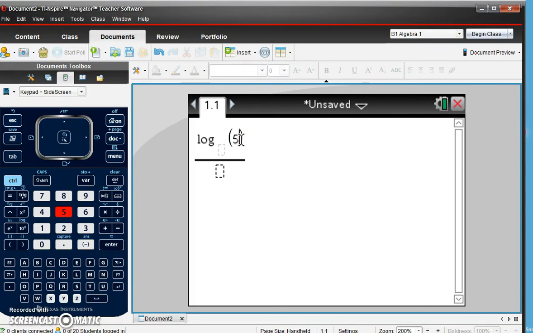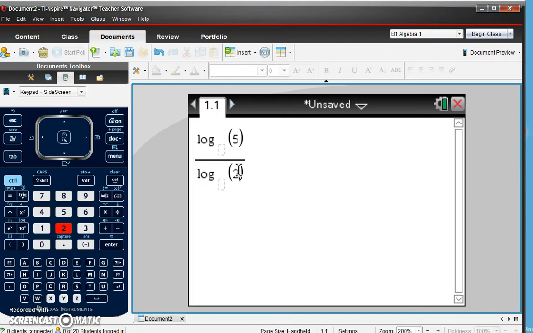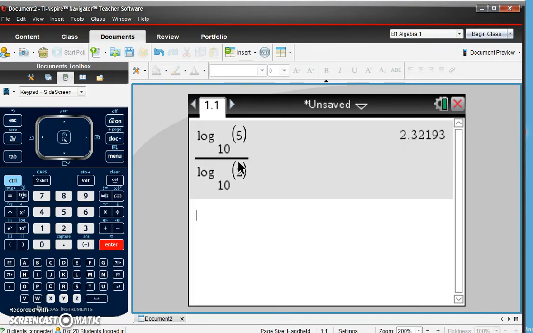Log of 5, and then come down here and again do log of 2, and let's enter it and see if it complains. It didn't complain. So our answer is 2.32193, which we're going to round to 3 decimal places. Looking at this fourth digit, which is bigger than 5, I'm going to round up to 2.322.